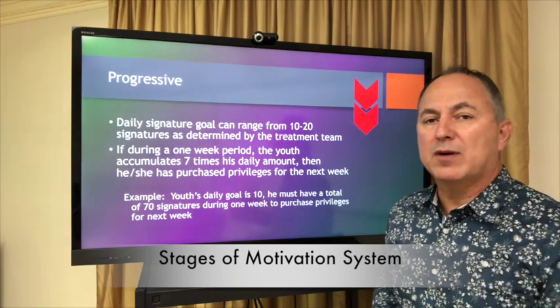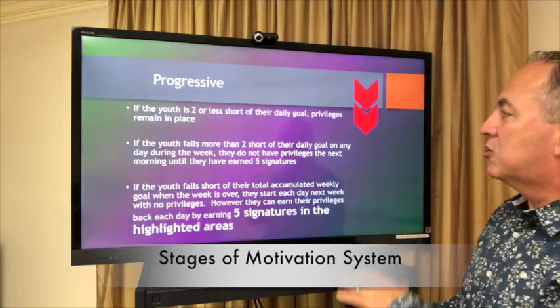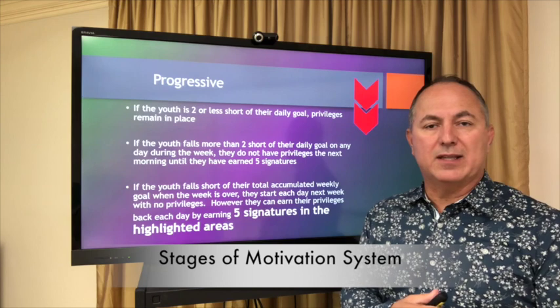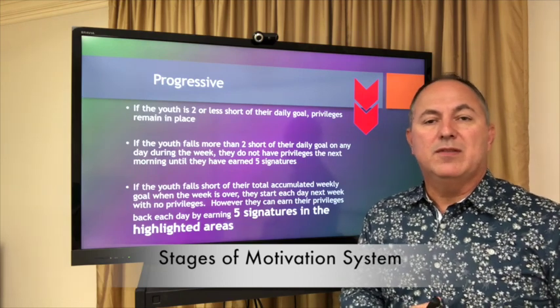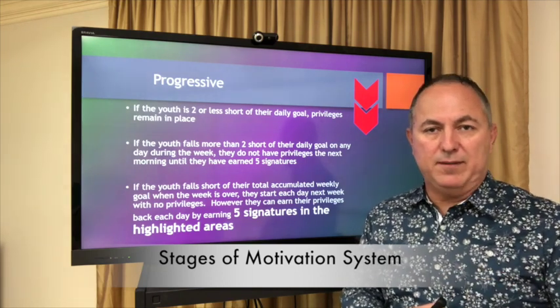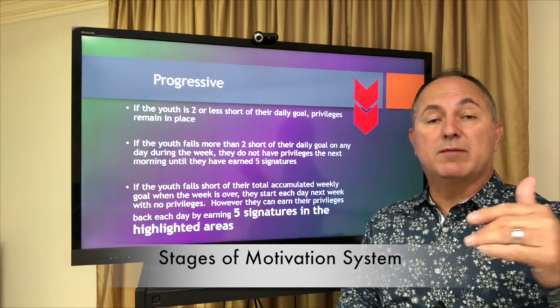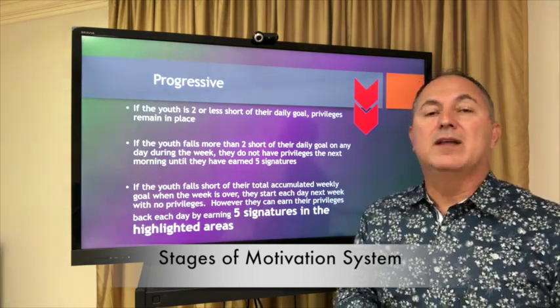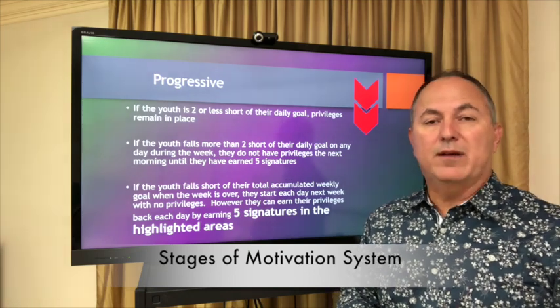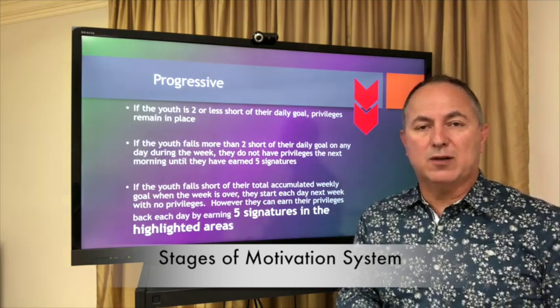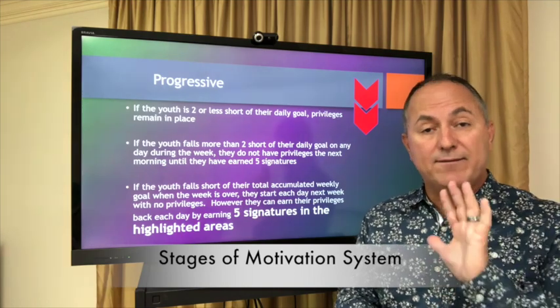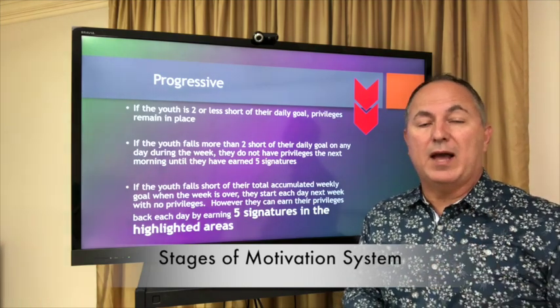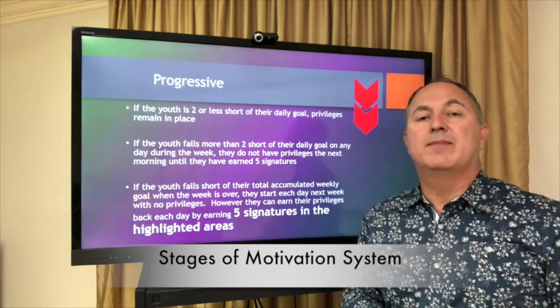If a youth in the progressive stage is short on a daily signature card, there's no immediate consequence for them. Their goal then will be to make sure they earn enough signatures during that week to hit their weekly goal. If they're 3 or more short on their daily goal, then the next day that youth will have 5 highlights before they can access their privileges for that day.